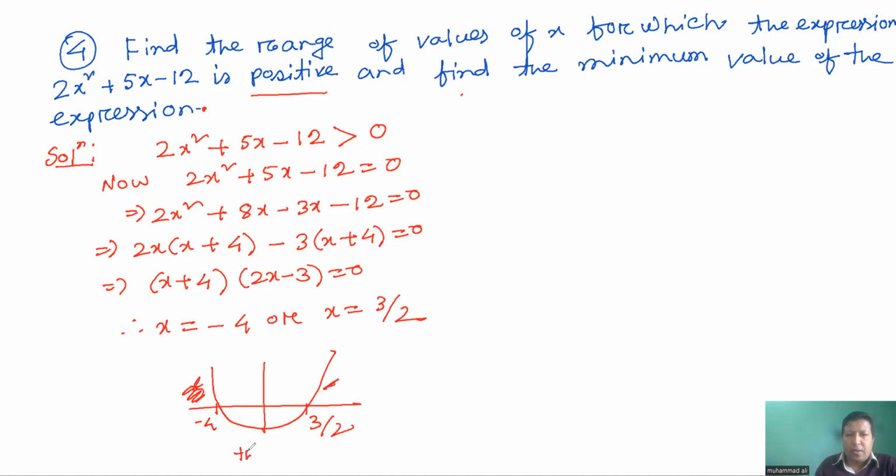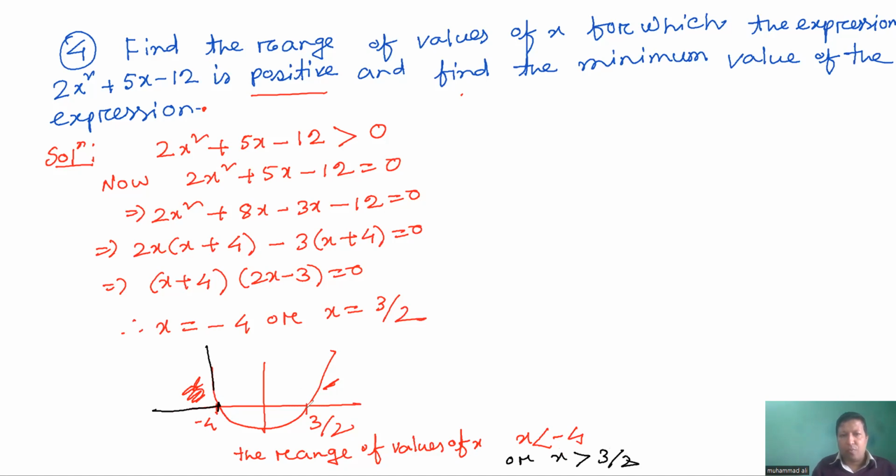So x less than -4, that means when you move from -4 toward less than -4, the curve will be positive, or x greater than 3/2; when x moves from 3/2 to infinity, the curve will be above the x-axis, that means positive. So our first part is completed.